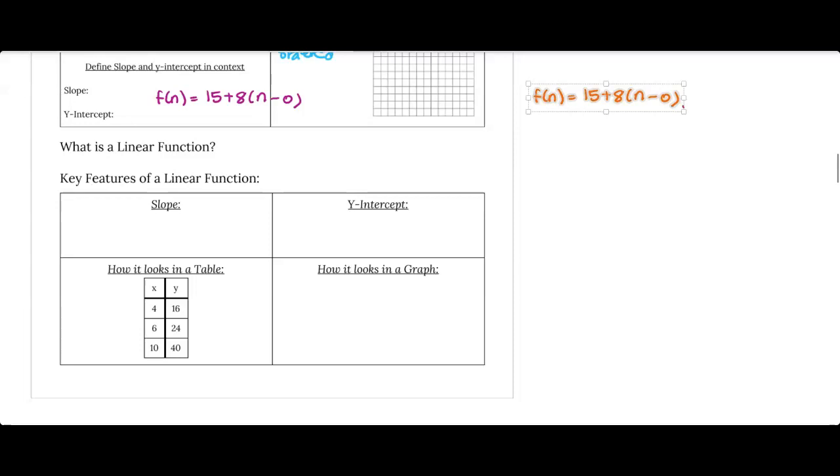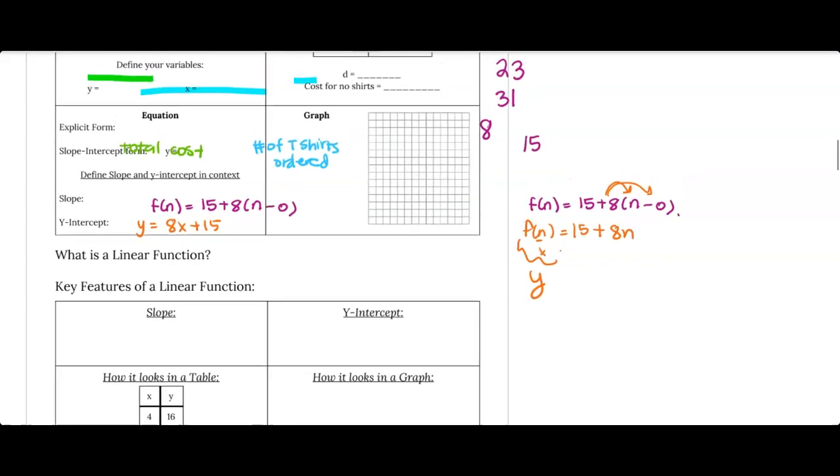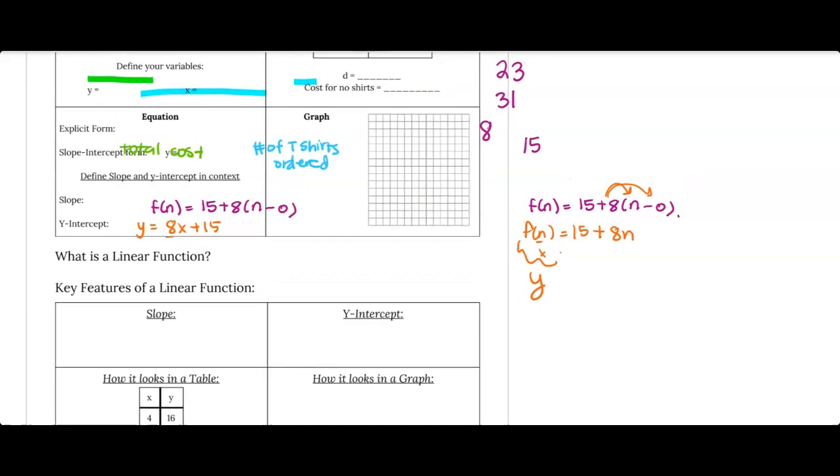So we will have 8 times n and 8 times 0, which would just give us 15 plus 8n. So again, switching our n's to x's and our f(n) to y, we'll have y is equal to 8x plus 15. So you can see the 8x and the 0 term in your explicit equation.